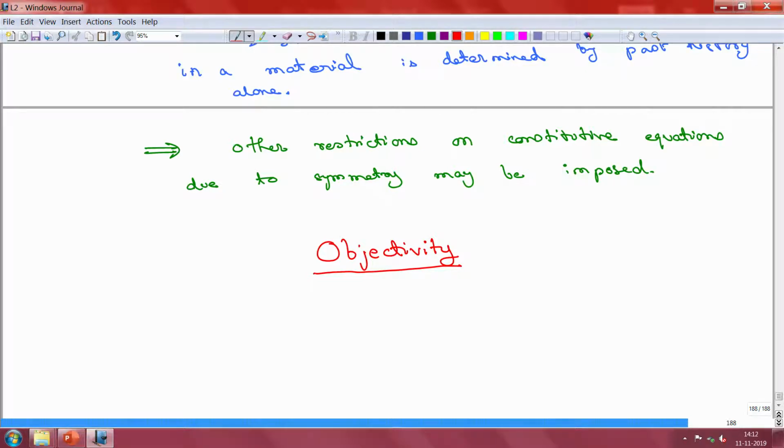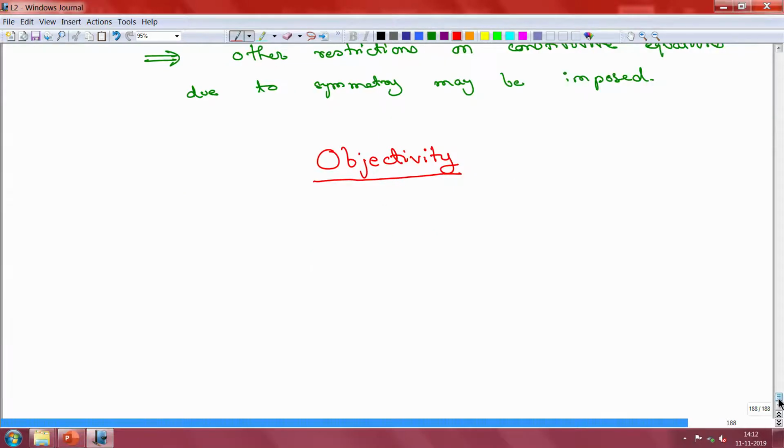So, before we discuss objectivity, we want to discuss some of the more general principles underlying this. Before we discuss objectivity, we need to agree upon a few other things. So, we have to agree upon that there is something called an event. Okay. An event is something that we observe.